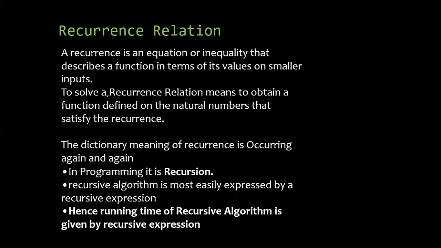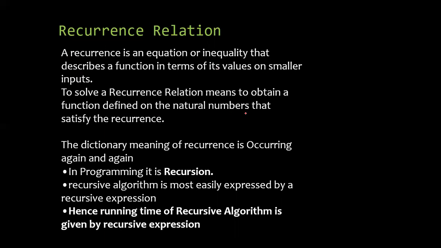Now, what is the recurrence relation? A recurrence relation is an equation or inequality that describes a function in terms of its value on a smaller input. To solve the recurrence relation means to obtain a function defined on the natural numbers that satisfies the recursion.